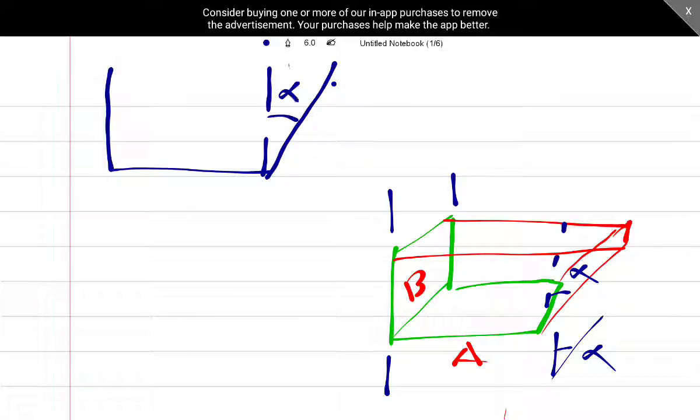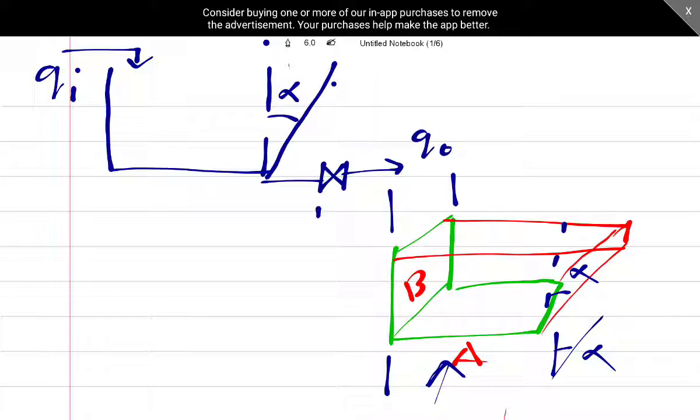This is alpha, and the inlet is Qi, and after one restriction or resistance the outflow is Q naught. This side I have taken as A and this side as B.